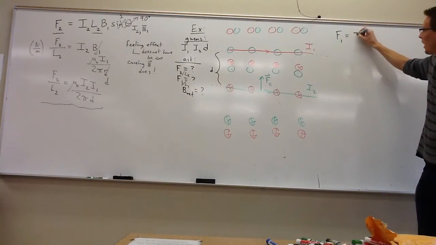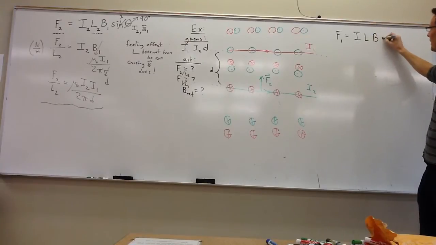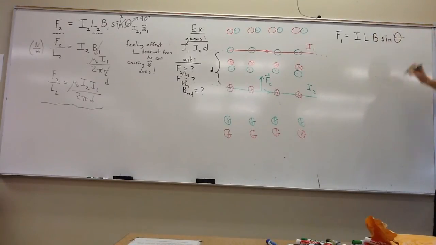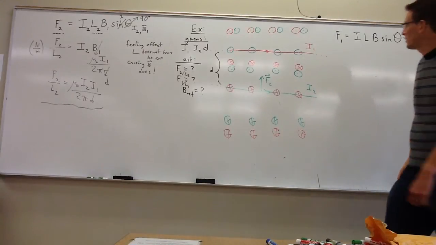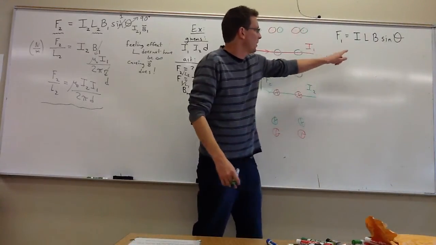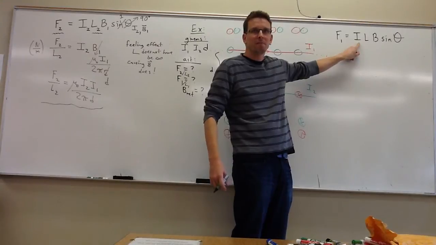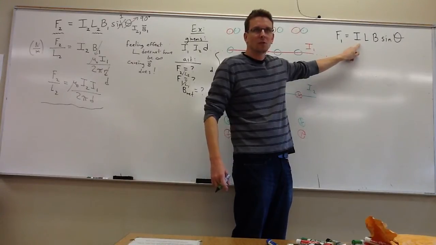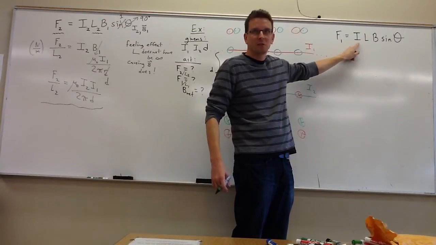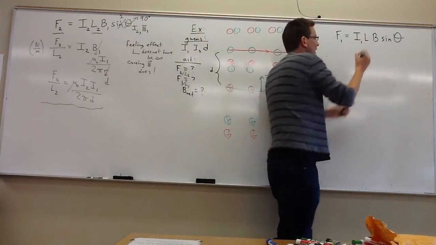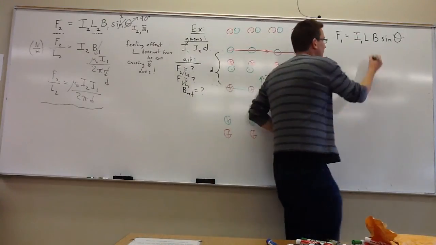So we use good old I L B sine theta. And try to do this without peeking at the other side. Which current should this be? Should this be current 1 or 2? 1. This should be length 1 or 2? 1, right?